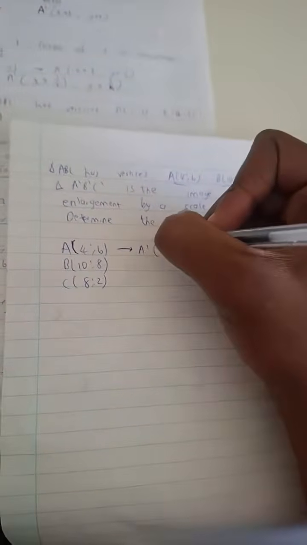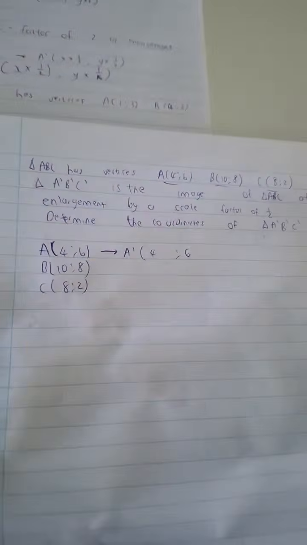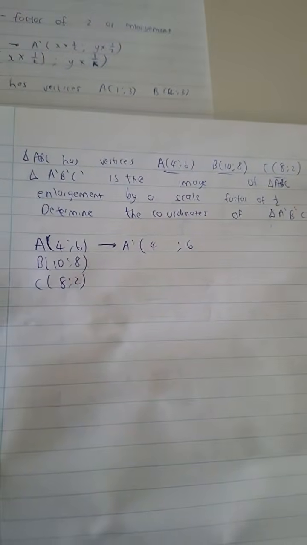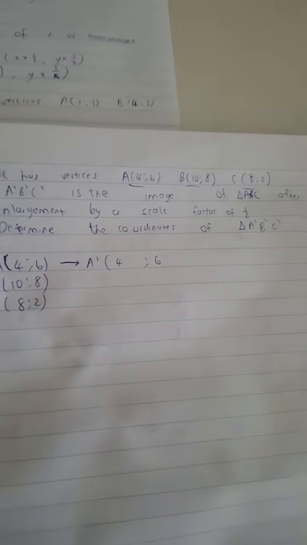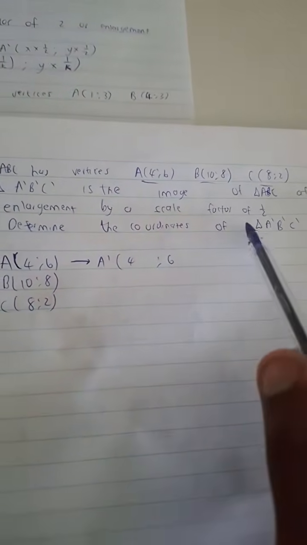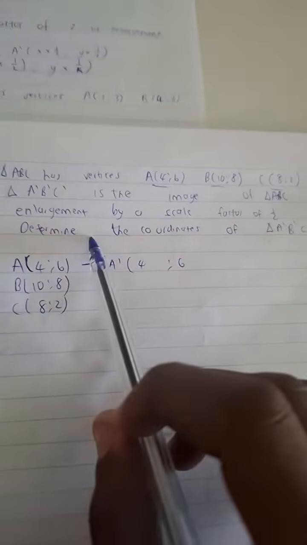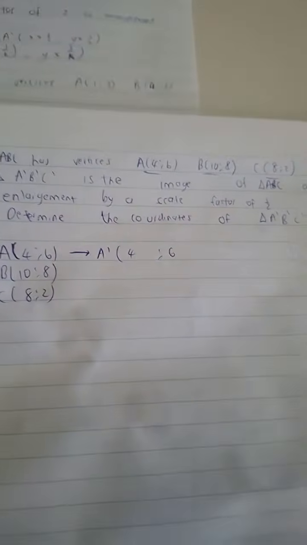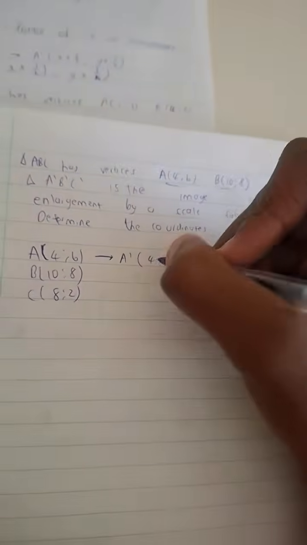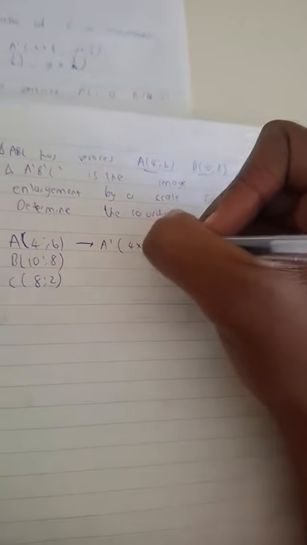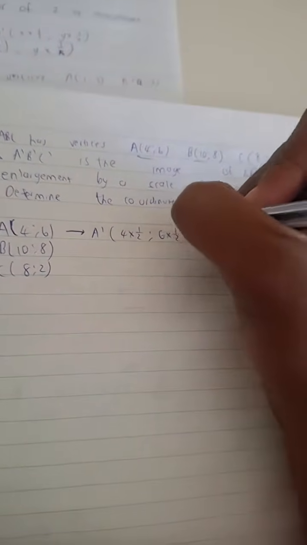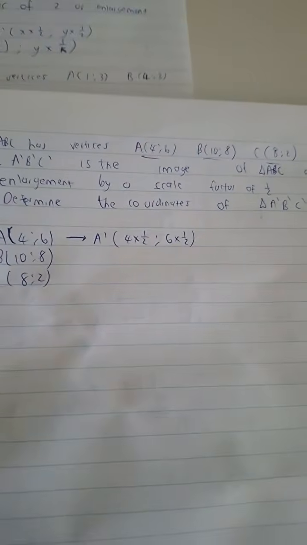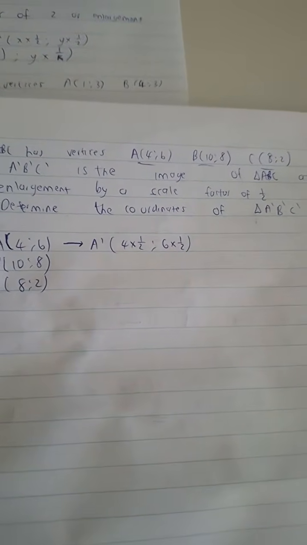So for each image, what are we doing? 4 and 6. Since we know that it is by a scale factor of a half, how are we going to determine the coordinates of triangle A'B'C', the image? We're going to times by half.